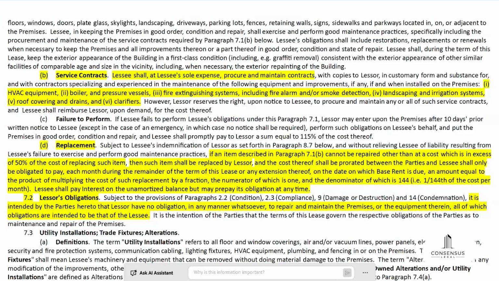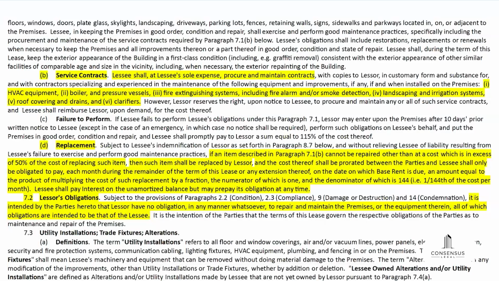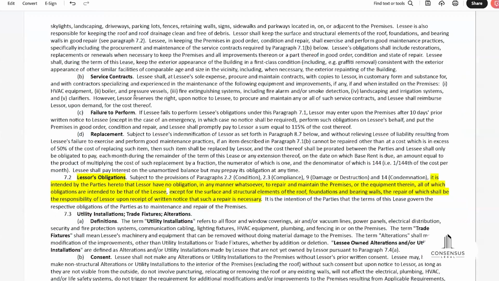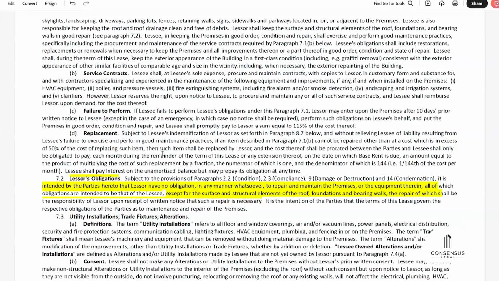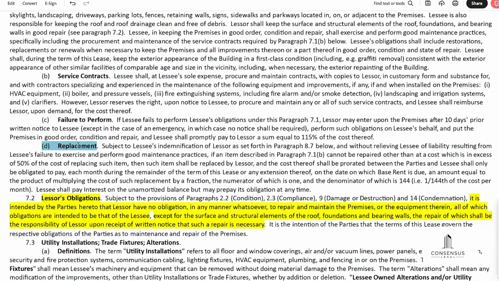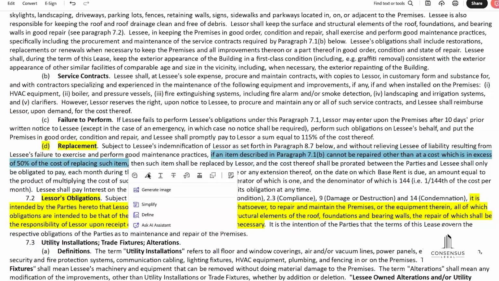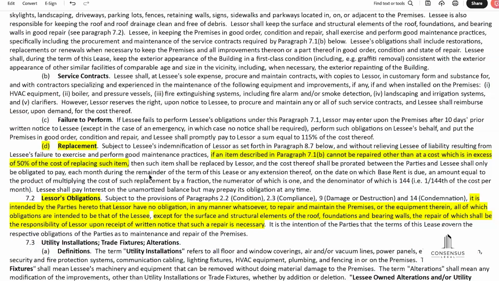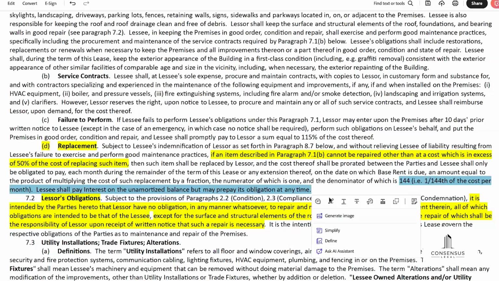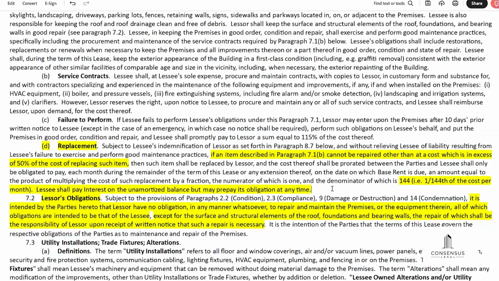Now, let's flip back to the gross lease. The gross lease has the same concept, replacement, the same 50% threshold for replacing, and the same 12-year, 144-month amortization period.